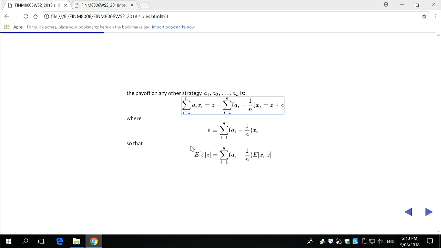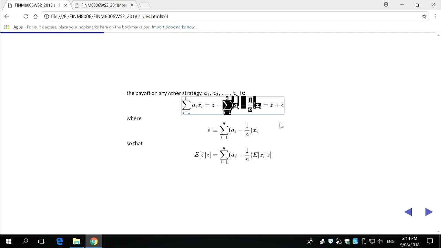In other words, if our alpha i choice is not 1 over n, we can always see it as a combination of the 1 over n payoff and the sum of the payoffs weighted by the difference between alpha i and 1 over n. This sum of (alpha i minus 1 over n) xi is just some random variable, and we want to show whether its expectation equals 0 or not.